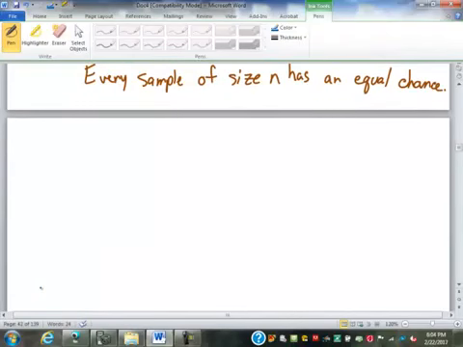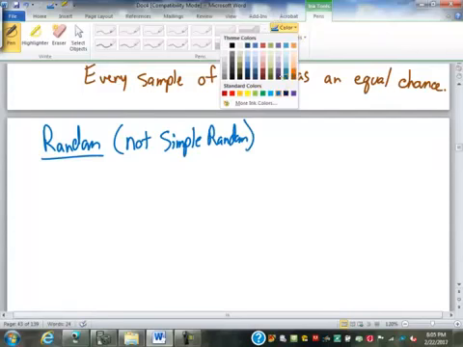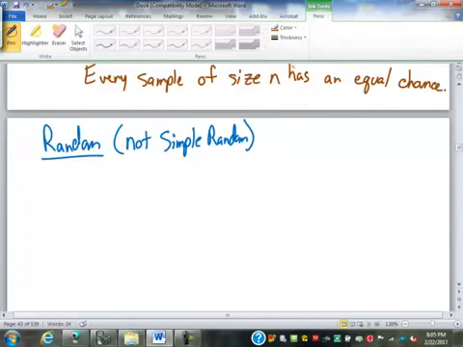So we're going to look at samples that are random, but not simple random. One of them we're going to look at is something called a cluster sample.